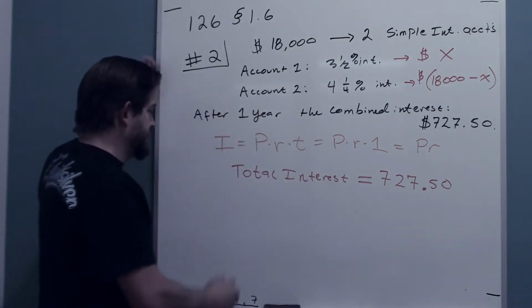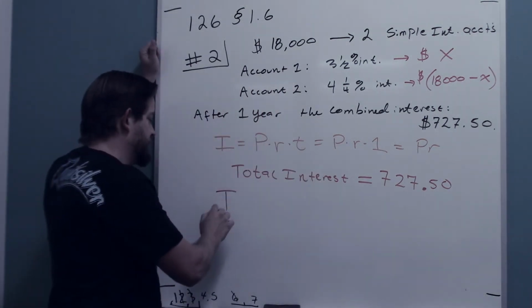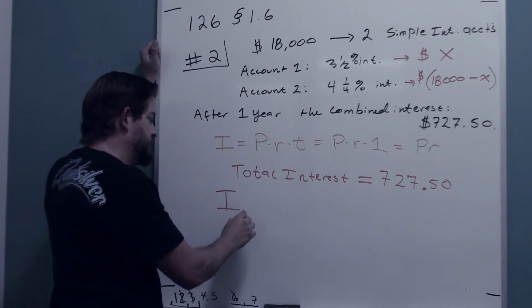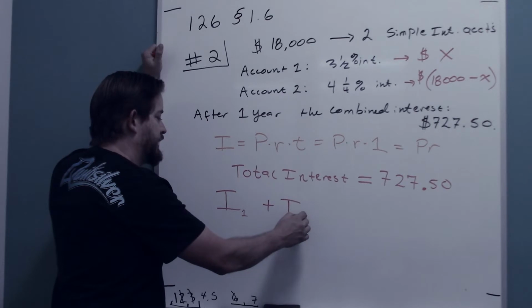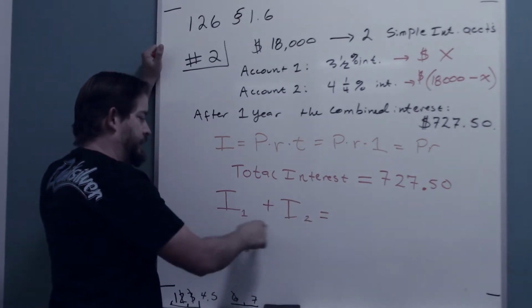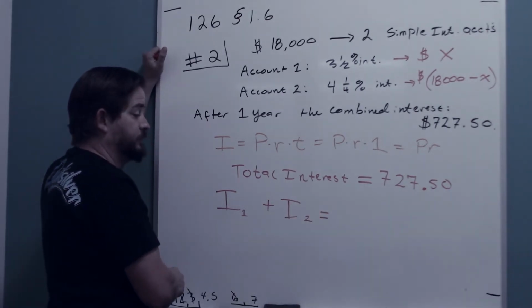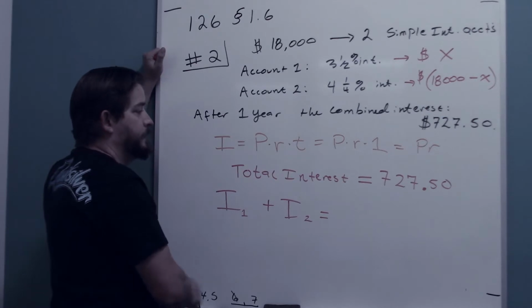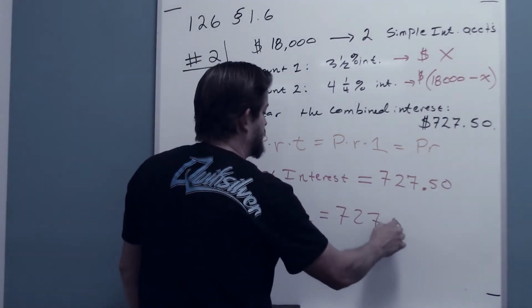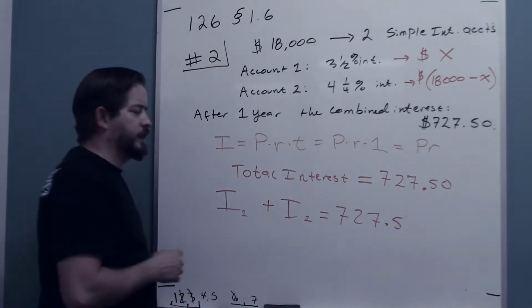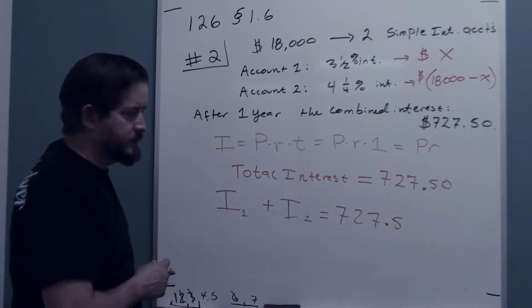The total interest is the interest from account 1, which I'm going to write as I1, plus the interest from account 2, right? I have two different interests because I have two different accounts, and so the total is then still 727.5. I'm going to drop the 0 because we're now into math. We don't need the 50 cents to be a 50.